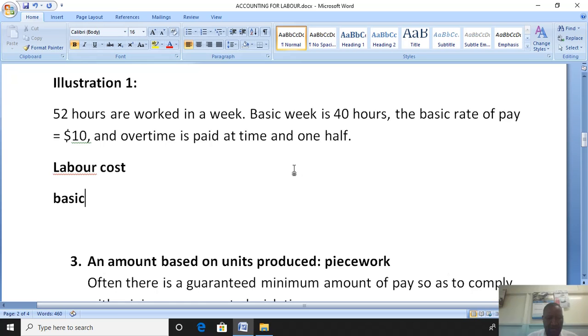The basic pay applied on the total number of hours worked will be 52 hours multiplied by the rate per hour, which is $10. That basic pay will be 10 multiplied by 52, that's $520.